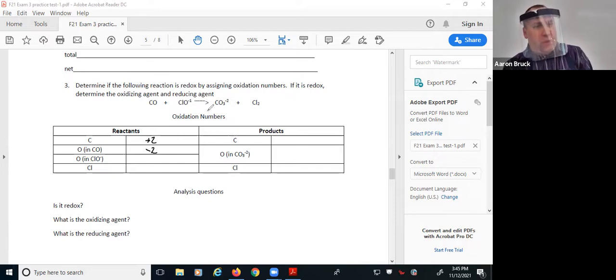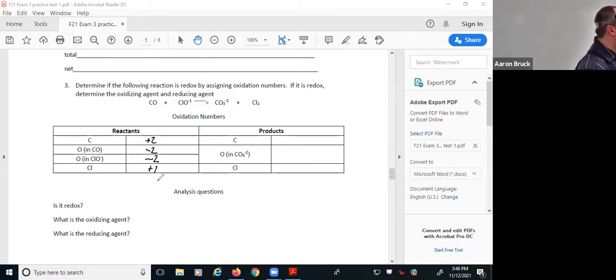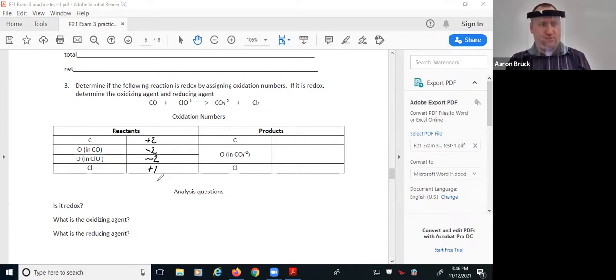And for the hypochlorite ion, we know that the oxygen has to be -2. So that means that the chlorine atom is going to be +1 to match the charge on the hypochlorite. On the flip side, we've got the carbonate ion.